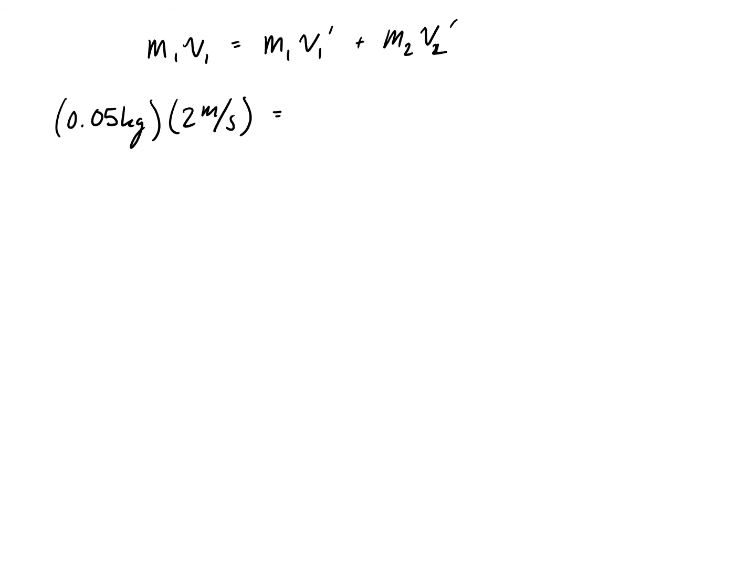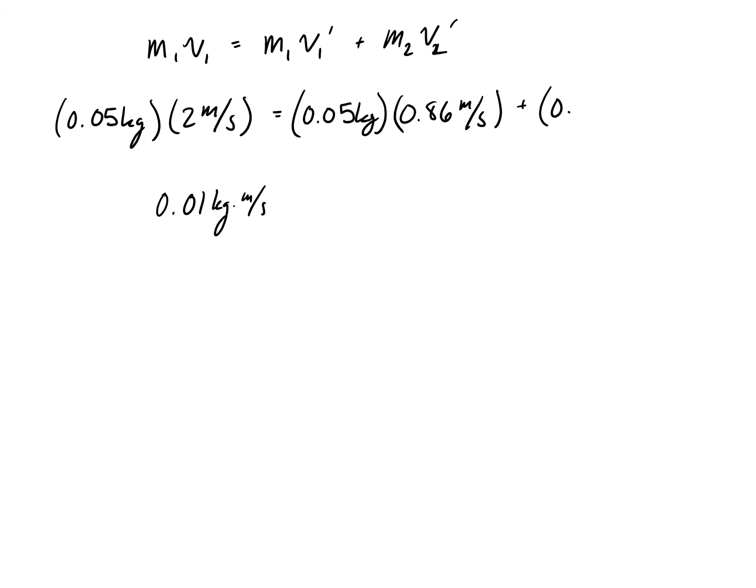We had 0.05 kilograms times 2, so 0.1 kilograms times meter per second. Let's try our values for afterwards. So I have 0.05 kilograms. I'm going to use the rounded ones. Technically, we should use more sig figs, but this is just to check and make sure we're in the correct ballpark. So we're not going to be super picky.